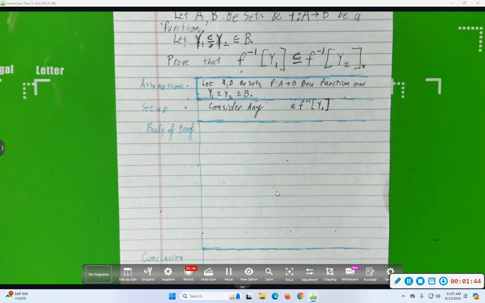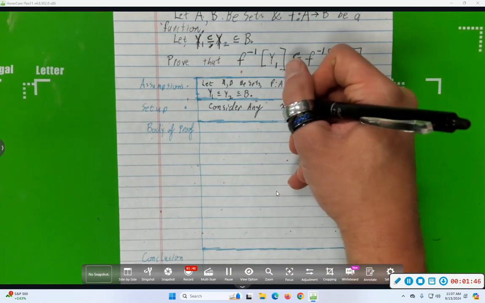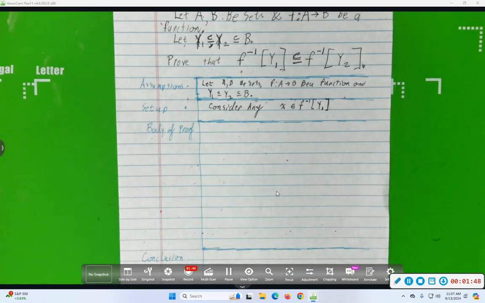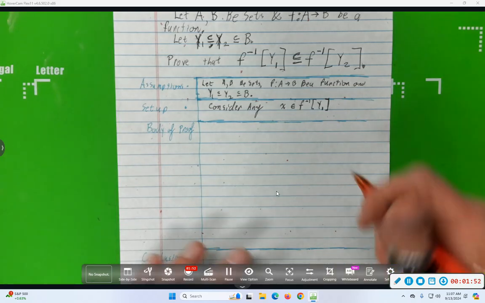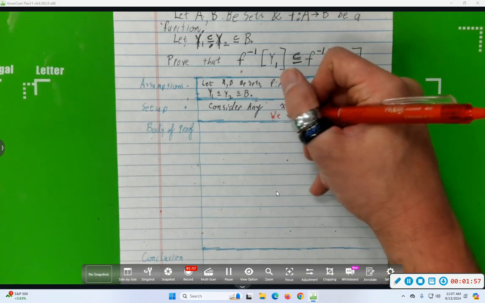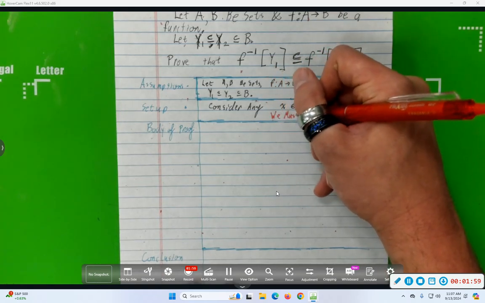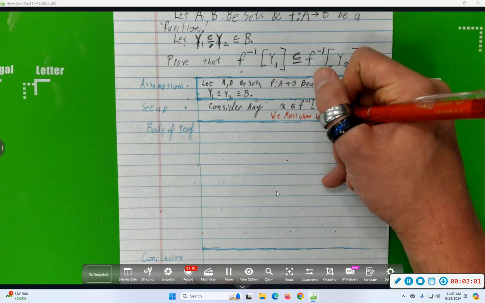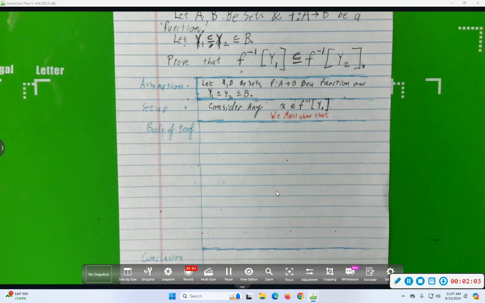I like X. And whether or not this is part of what you write in your proof is up to you. We must show that, what is it that you need to show? What's your goal going to be? X is in f inverse of y2. Cool.